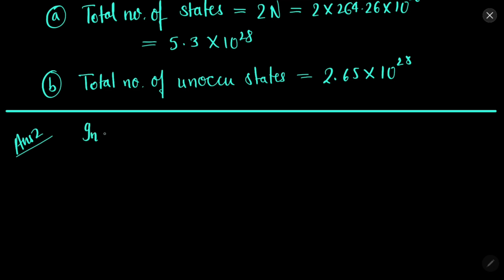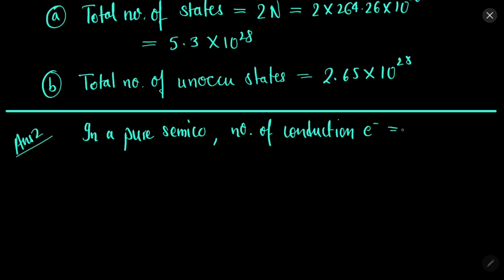In a pure semiconductor, that is an intrinsic semiconductor, number of conduction electrons is equal to number of holes. In intrinsic semiconductor, holes and electrons are equal in number.